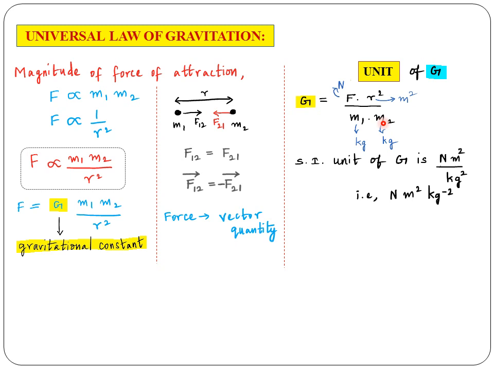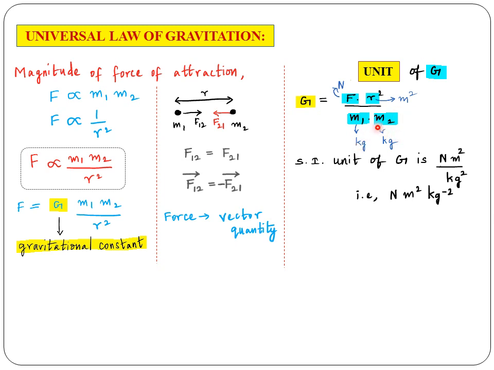So we're going to find the SI unit of G. What is the SI unit of force? It is Newton. The SI unit of distance or length is meter. Since it is r square, we have written meter square, and the SI unit of mass is kg.